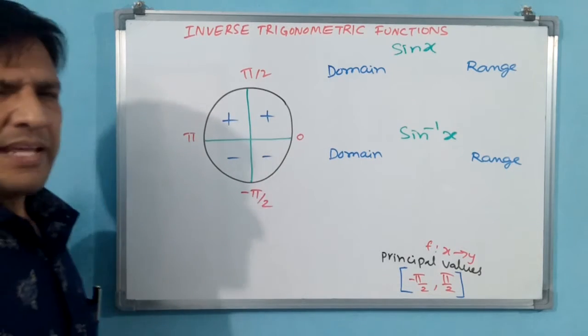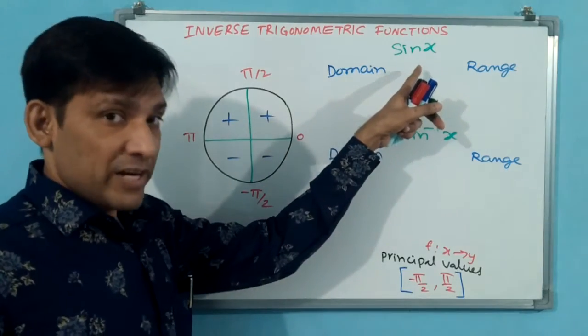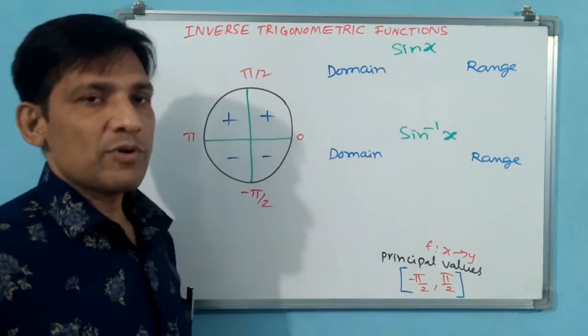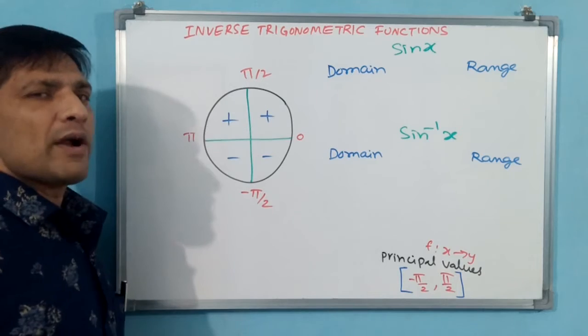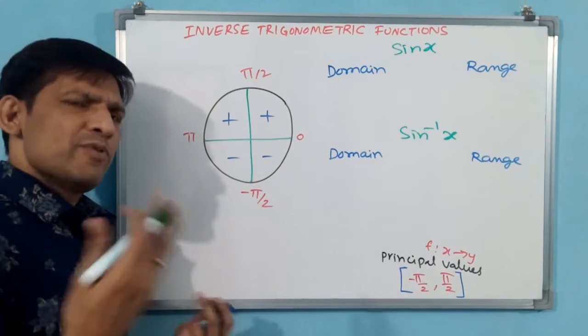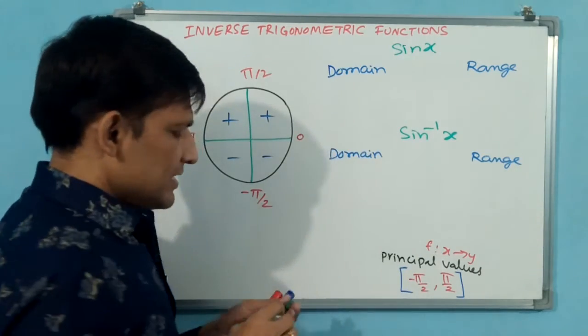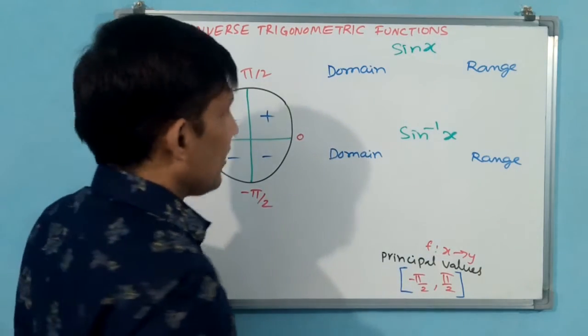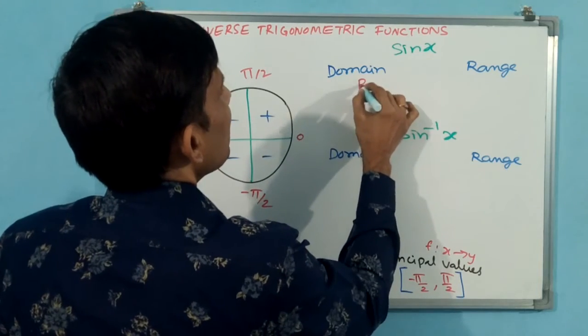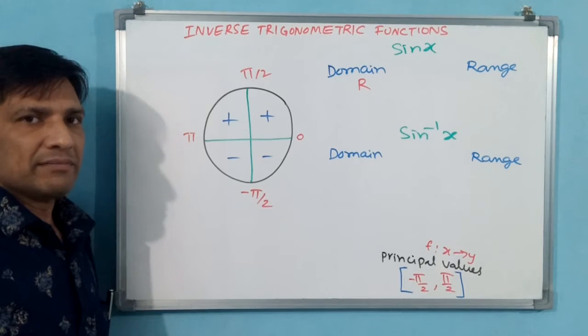Sin x, we know, is a trigonometric function. See, you forget about the inverse. If you don't want the inverse for sin x, what will be the input? The input will be minus infinity to plus infinity, anything you write. That is called R. Write R. That means any real number you can give as a domain.